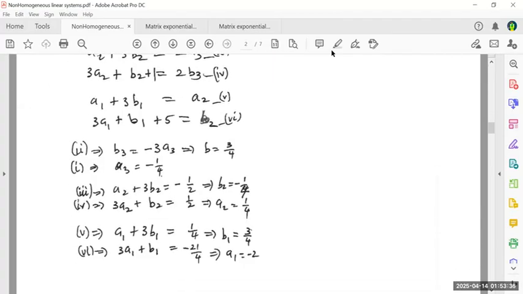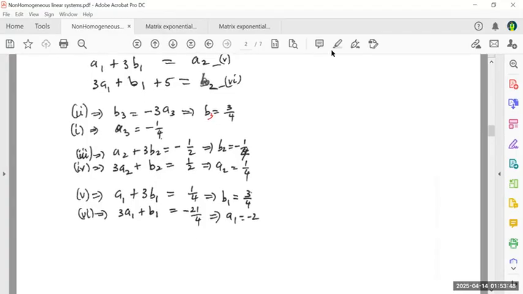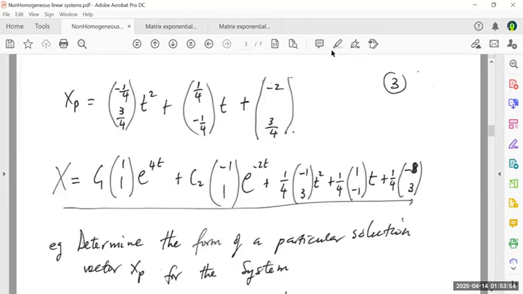But we should solve for all the unknown coefficients, the 6 of them. So at the end, after attempting to solve, this is what we get, and we just go back and plug them in, and we then have found our xp.